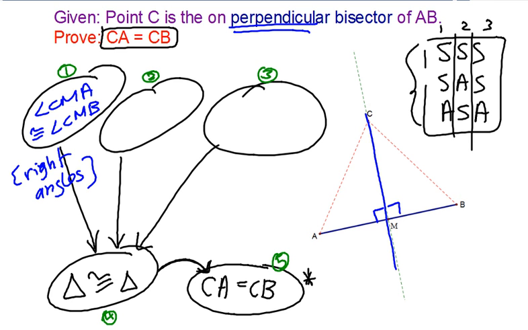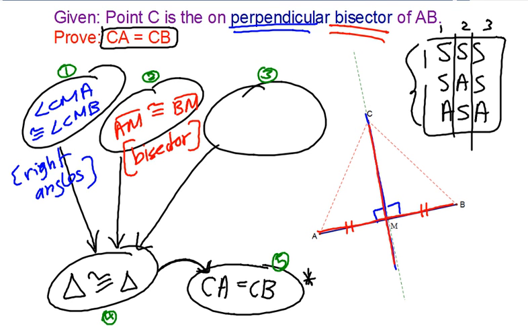Fact number two, knowing that this was a bisector, this line is bisecting this segment, therefore it cuts it into congruent parts. So AM is congruent to BM, and we knew that because the line is a bisector of the segment.